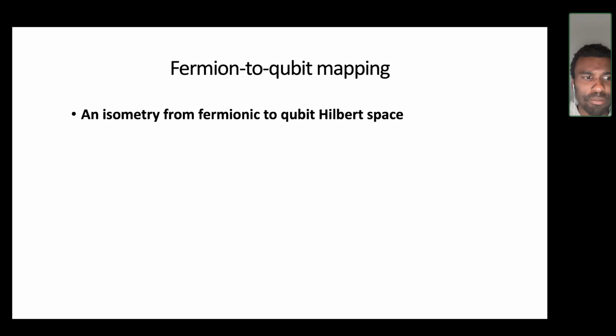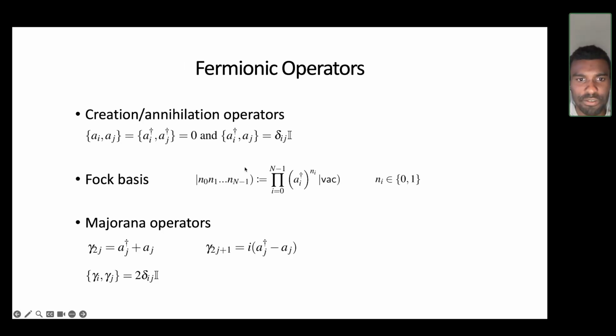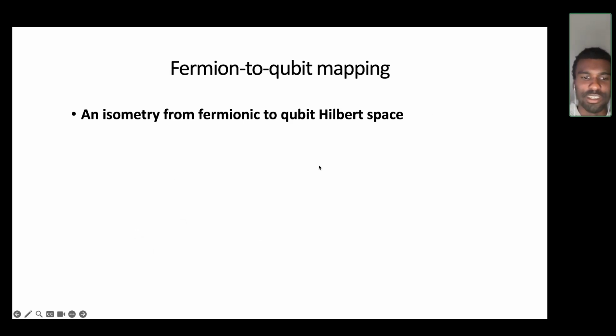I'm ready to define the main object of study of our paper, which is a fermion-qubit mapping. A fermion-qubit mapping is an isometry that goes from the fermionic space of curly kets to the qubit space of what you might call quantum kets or quantum states.